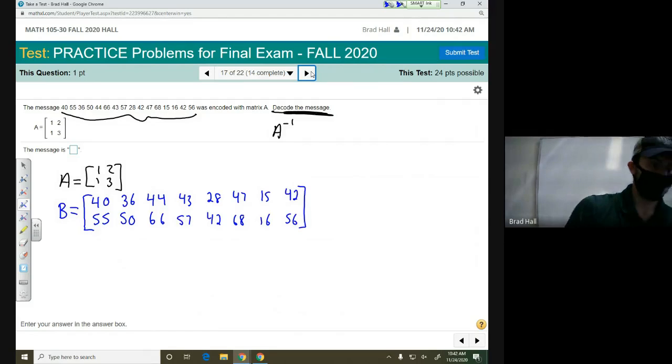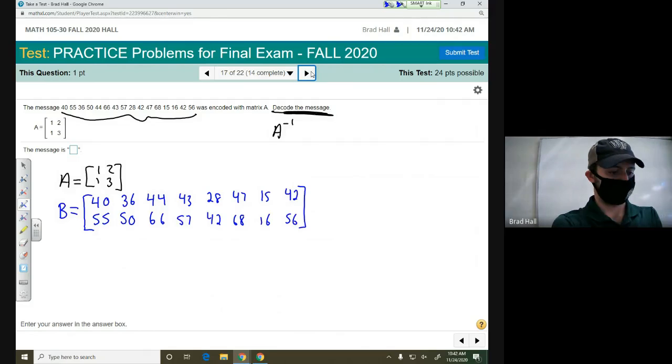So I'm going to put those 2 matrices into the calculator right fast. 1, 2, 1, 3. And then the other matrix, which looks like a 2 by 8 matrix: 40, 36, 44, 43, 28, 47, 15, 42.